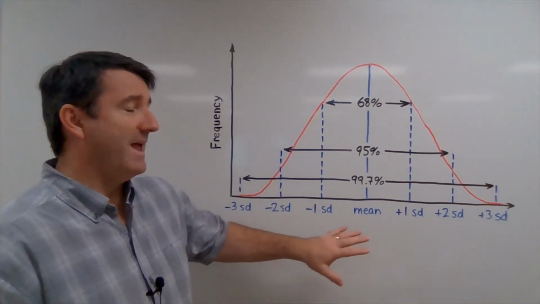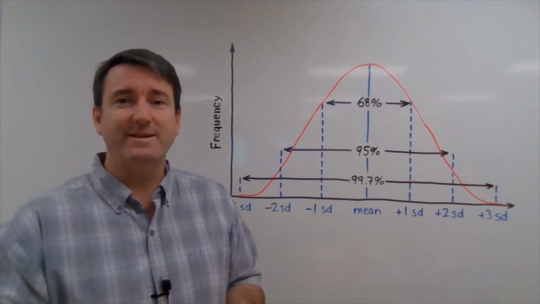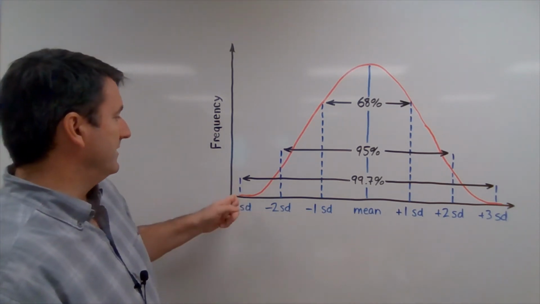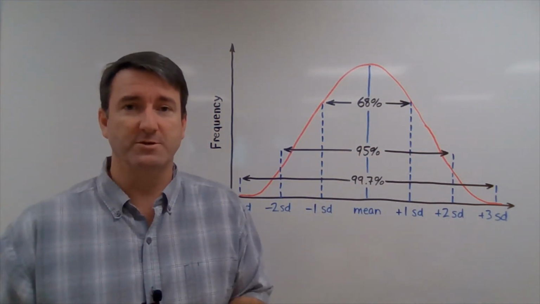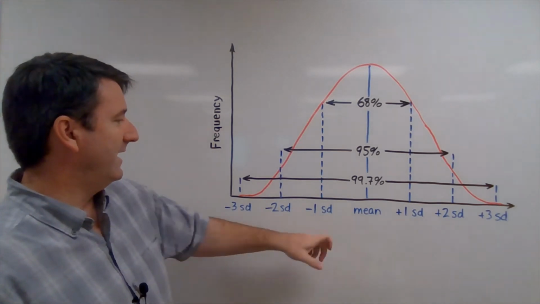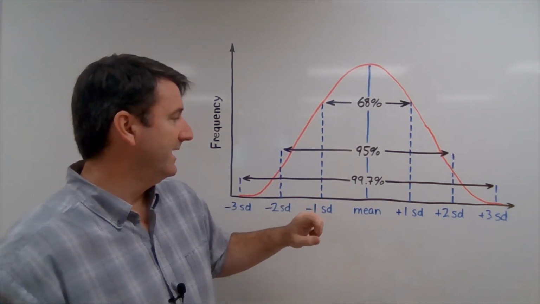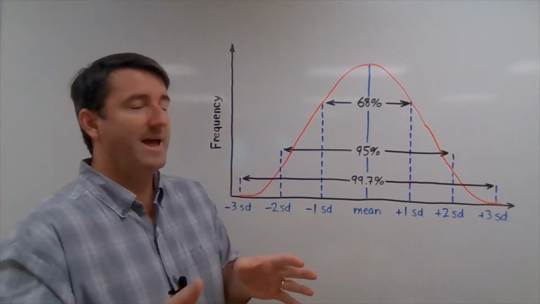So here we have a graphic representation of the normal distribution and the 68, 95, 99.7 rule. You can see the red line is the bell curve, or the normal distribution. And this blue line in the center represents the mean. And then each of these dotted blue lines represents one standard deviation.